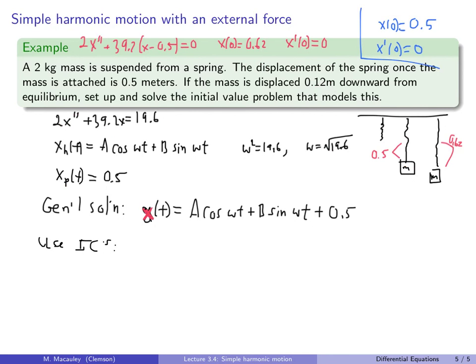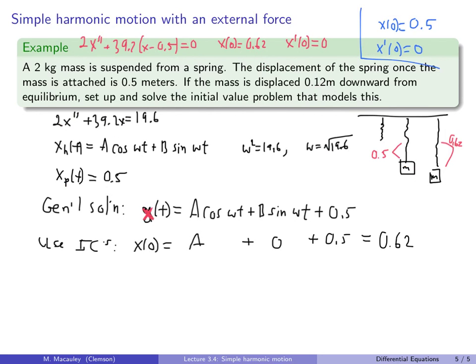So use initial conditions. X of 0. So plug in 0. When we plug in 0, be careful, we get a times cosine of 0, which is 1, plus 0 plus 0.5, and set that equal to 0.62.